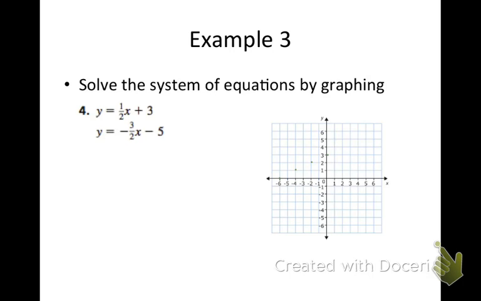I'll graph the other one. At -5, and then I have a negative slope. Okay, good. We can kind of see where these two lines intersect because I have a point down at -4, 1 for both of them.